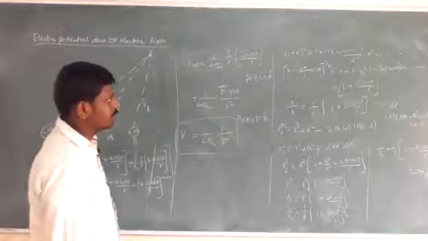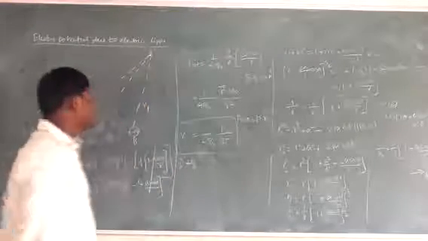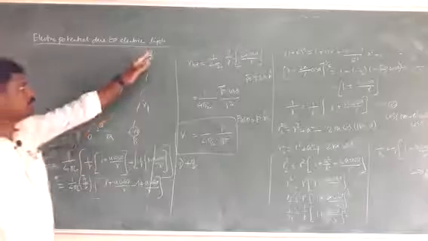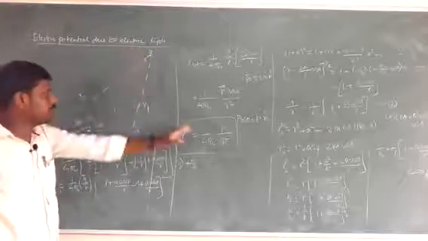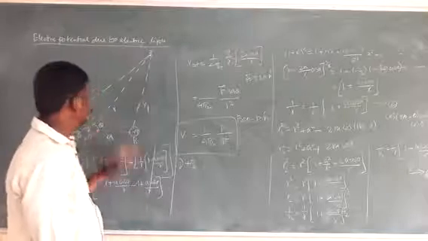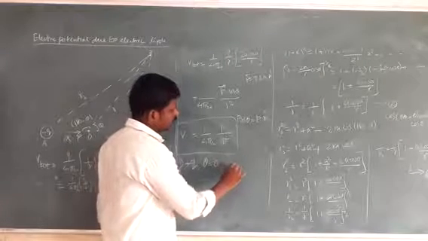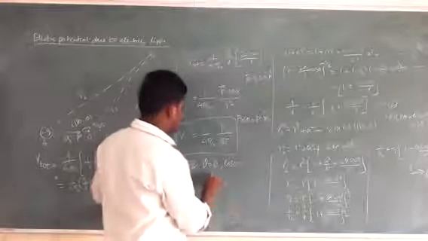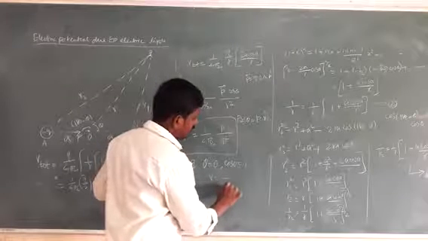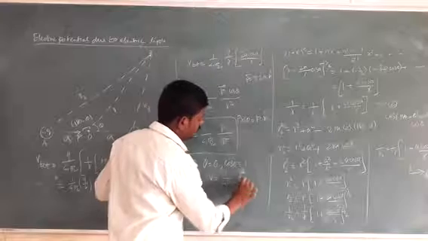Some special cases are discussed. Case 1: the point P is on the axial line towards the positive charge plus q. What's the value of theta? Theta equal to 0. So cos 0 is 1. So V is equal to 1 by 4 pi epsilon naught P by r squared, that's all.